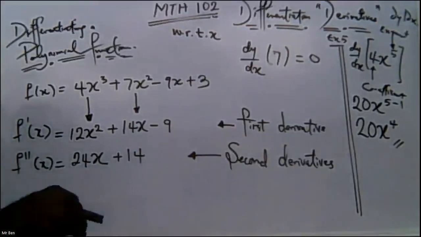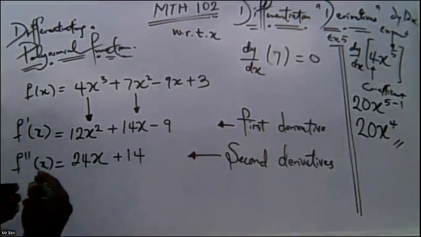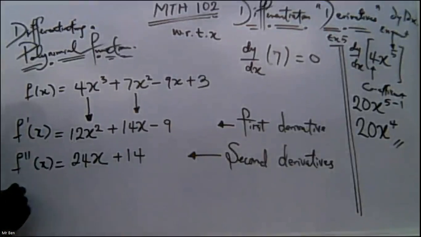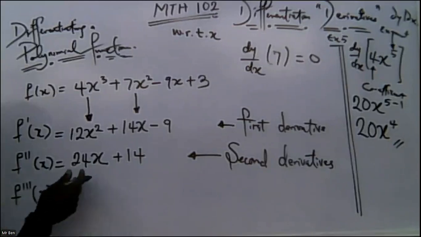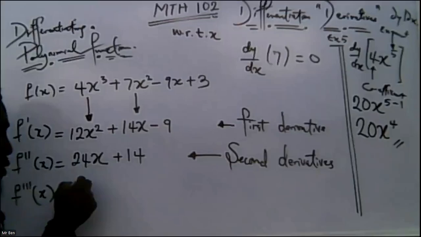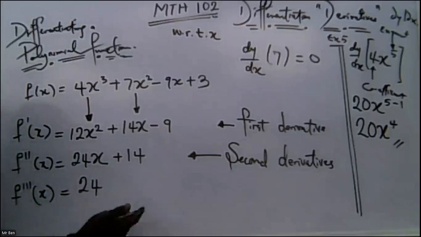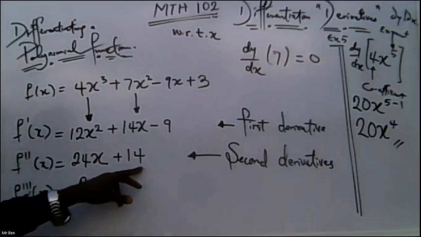So let's now differentiate it again. Let's find the third derivative. That will be f prime prime prime x. The derivative of 24x will give us what? 24. The derivative of 14 is equal to 0.